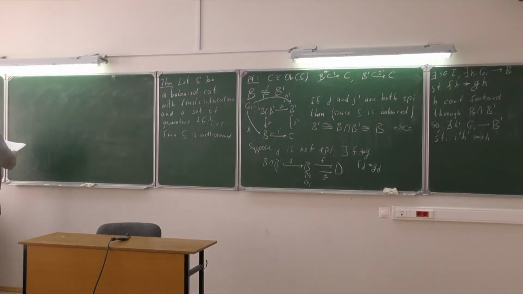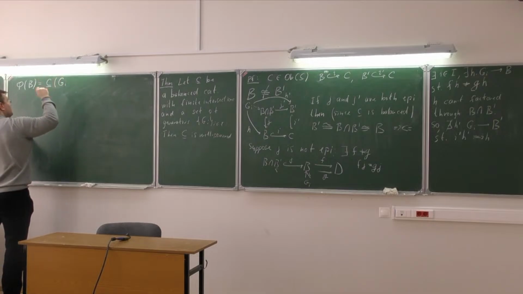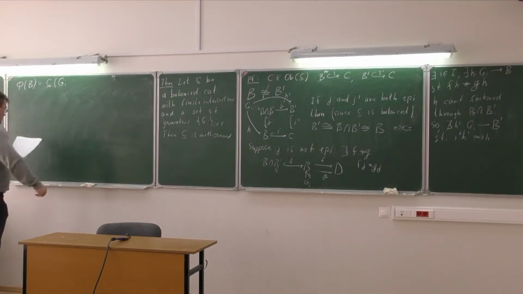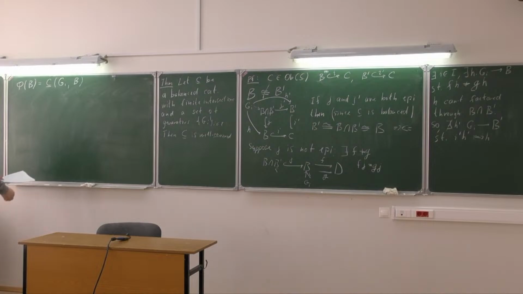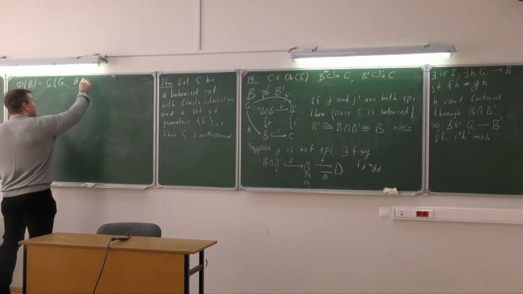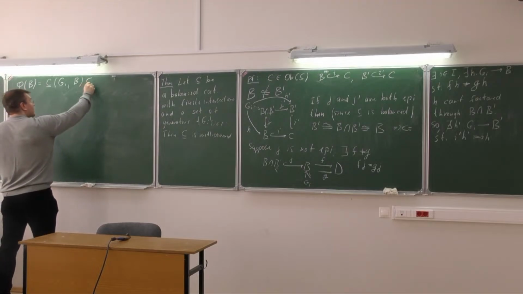So I'm defining the map phi of the object B to be, by definition, the following set. This is the set of all maps in the category C from the GI, the same GI that we found before, to the given object B. We can think about this as a map from the class of sub-objects of the given object C to the subsets.